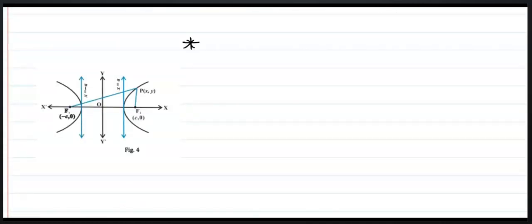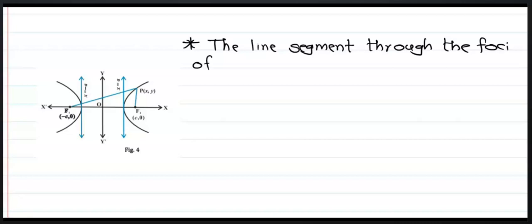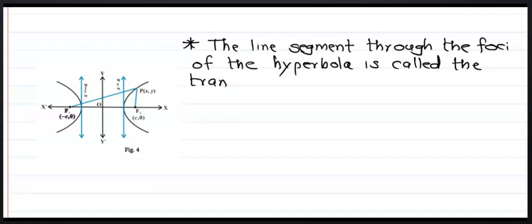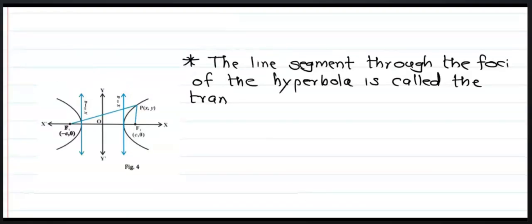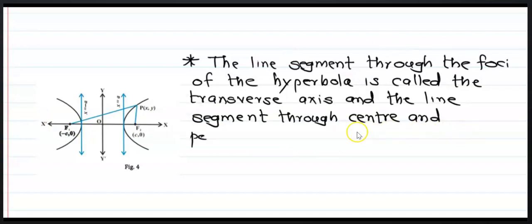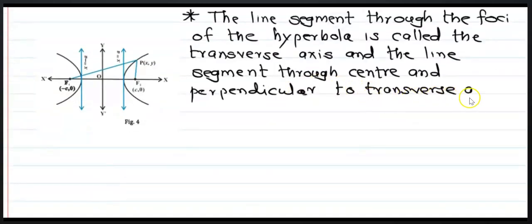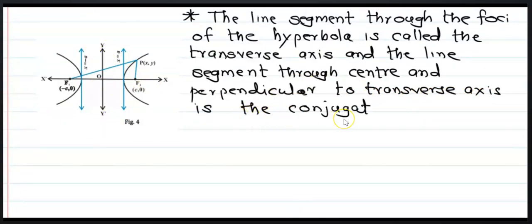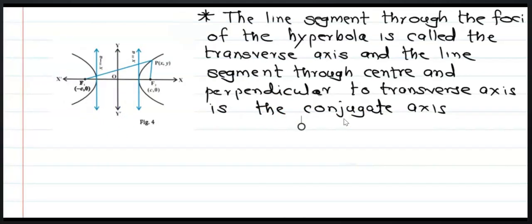Now this is the hyperbola. The line segment through the foci of the hyperbola is called the transverse axis, and the line segment through the center and perpendicular to the transverse axis is called the conjugate axis.